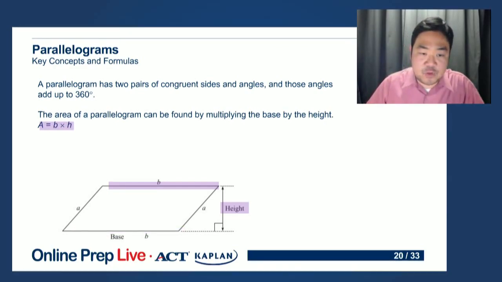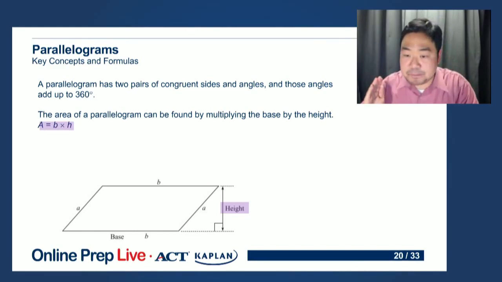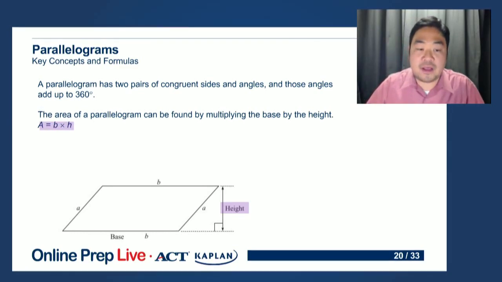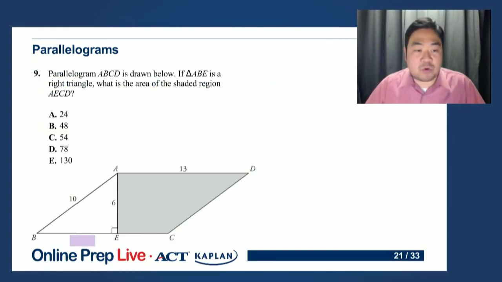So if you look at that diagram there where we see the height, notice how the height is perpendicular to whatever the bottom is. So base times height will give you the area of the parallelogram. Okay? All right, so let's take a look then at an example of how you test parallelograms.